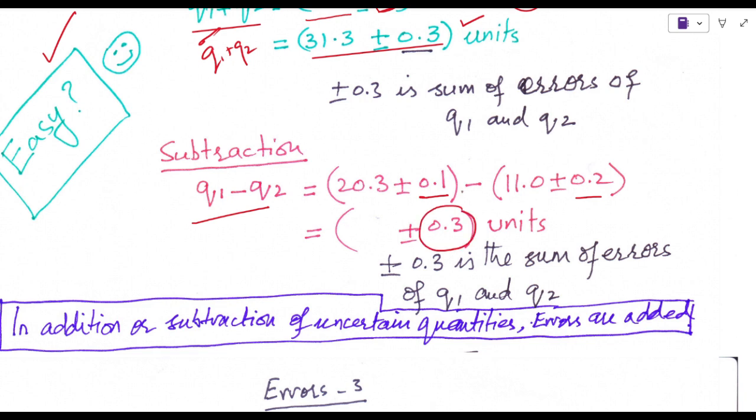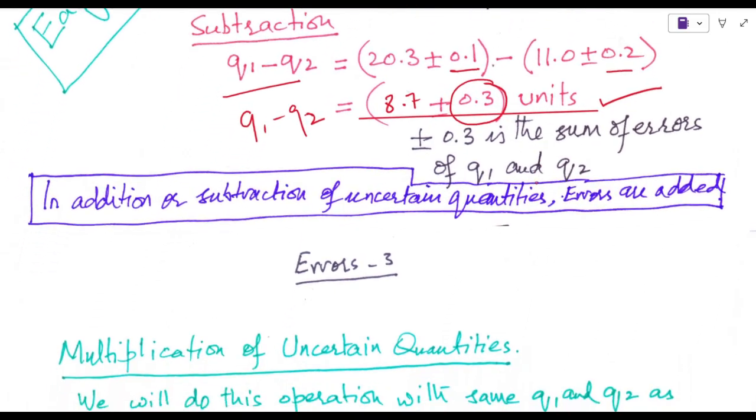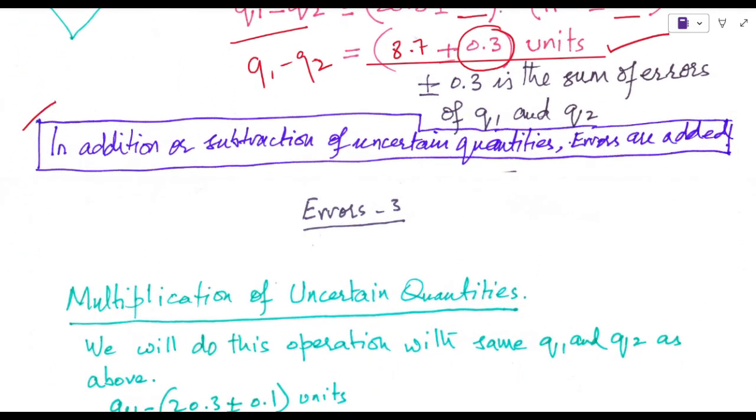So Q1 minus Q2 is 9.3 and the error is 0.2 plus 0.1 is 0.3. So the answer in Q1 minus Q2 will be equal to 9.3 plus minus 0.3 units. So we have come to a conclusion that in addition or subtraction of uncertainties, errors are added. Now we come to multiplication of uncertain quantities.